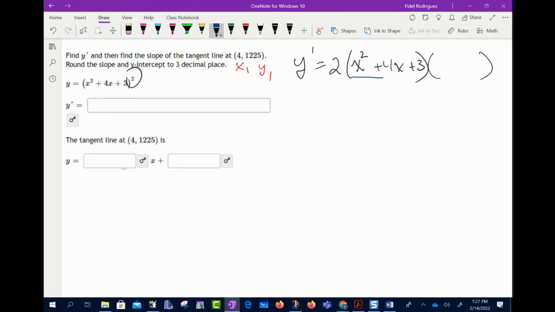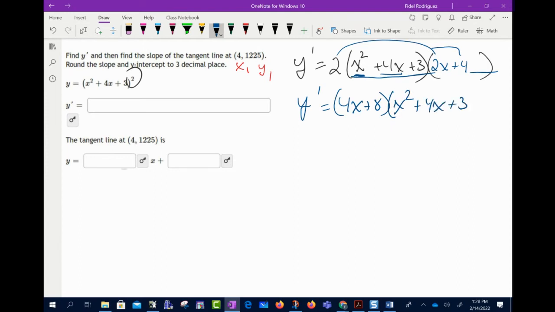So we have to take the derivative of what's inside here. So first question, what's the derivative of x squared? 2x. And the derivative of 4x is just 4. And the derivative of 3 is 0, right? So I might write my problem like this. Let's see. 2 times 2x plus 4 should be something like 4x plus 8 times x squared plus 4x plus 3.